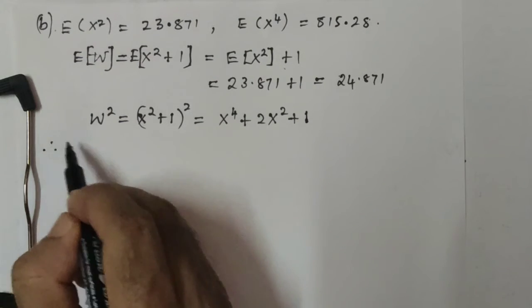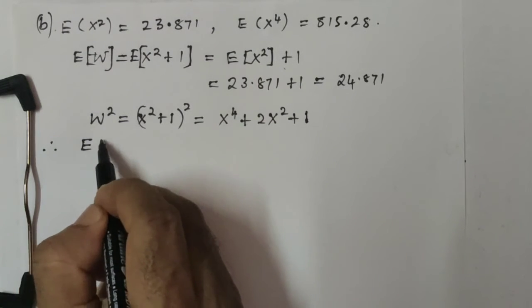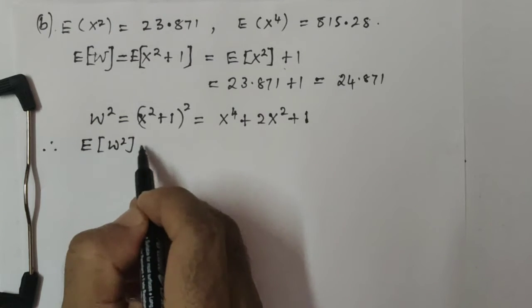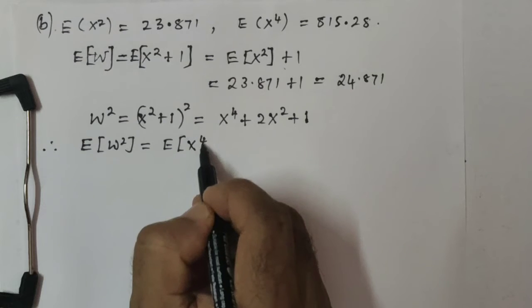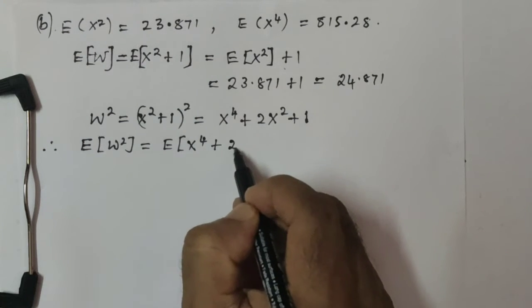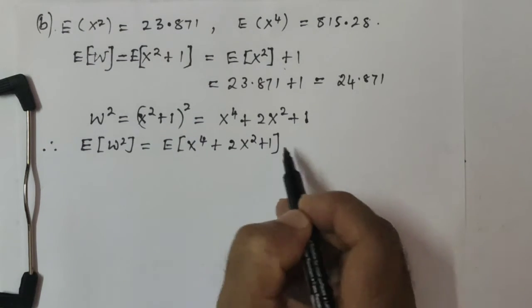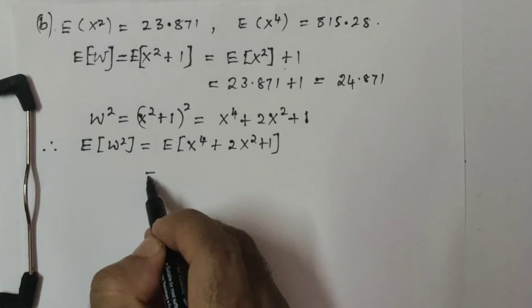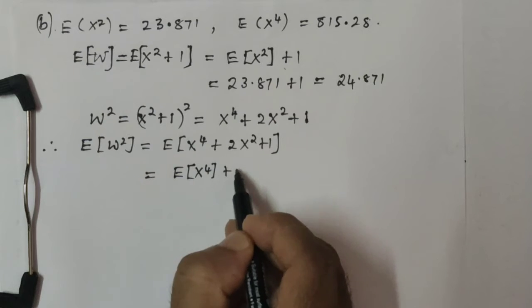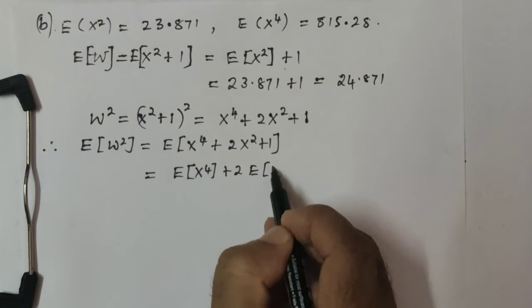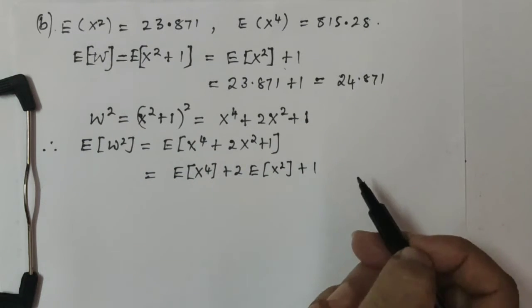Therefore the expected value of w square is equal to the expected value of x power 4 plus 2 times x square plus 1. Since E is linear, we can write it as the expected value of x power 4 plus 2 times the expected value of x square plus 1.